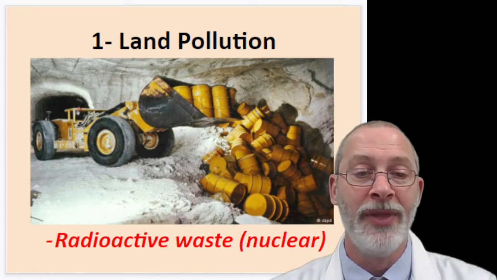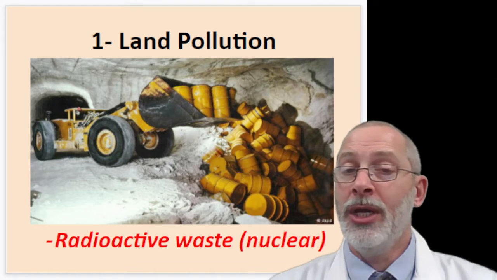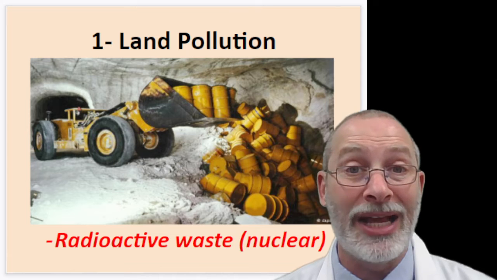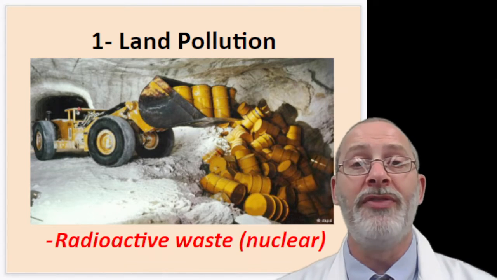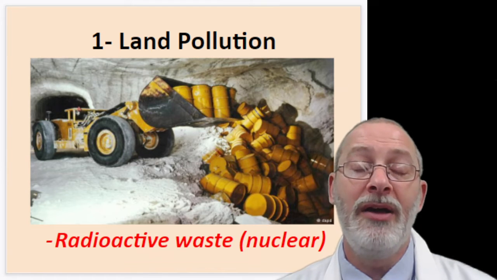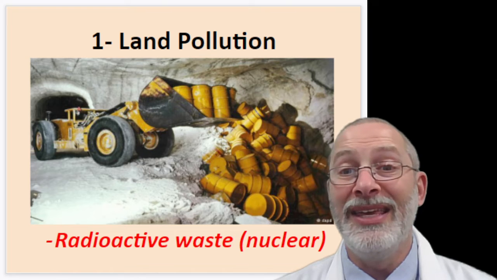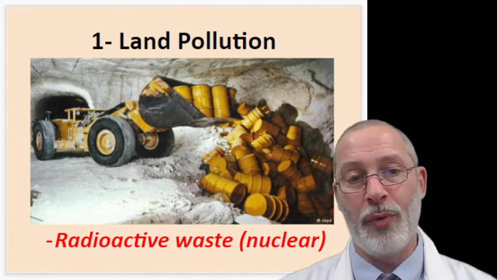We want energy. Some of our energy comes from nuclear power plants. Nuclear power plants produce an enormous amount of electricity, and they're very efficient as well. But one of the byproducts of using nuclear energy is that there is waste, nuclear waste. We call it radioactive waste.